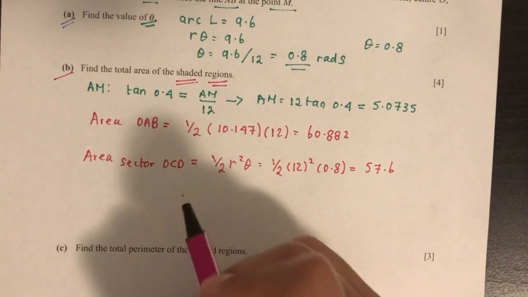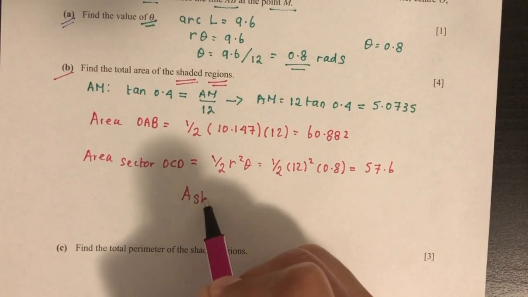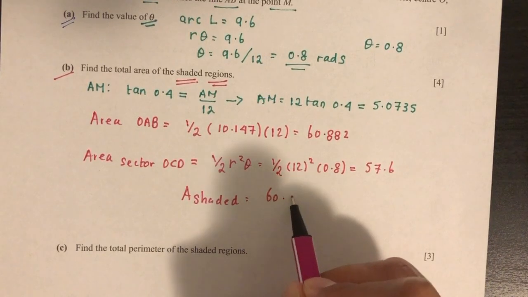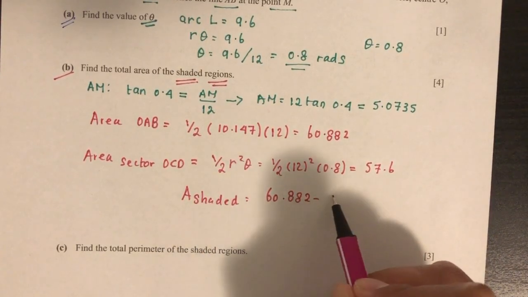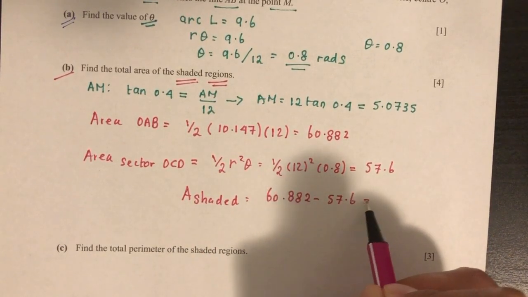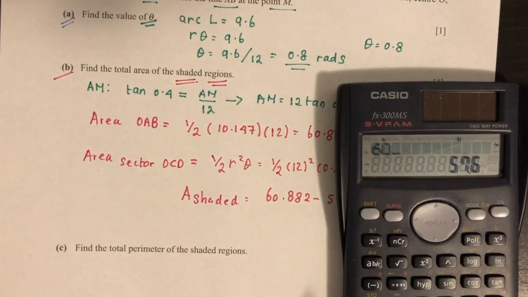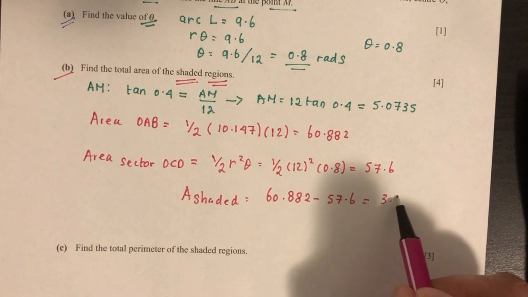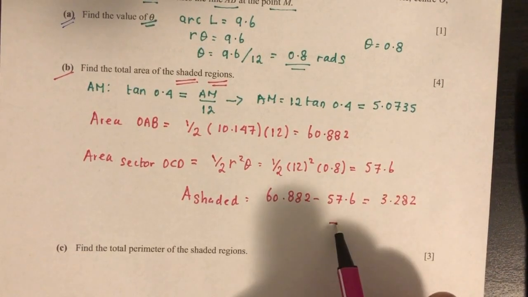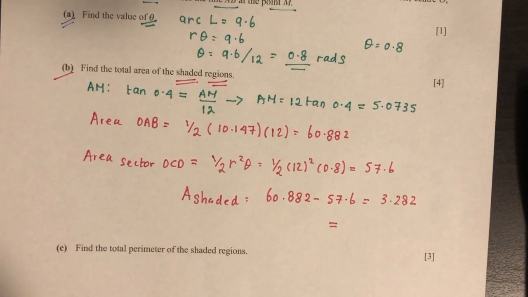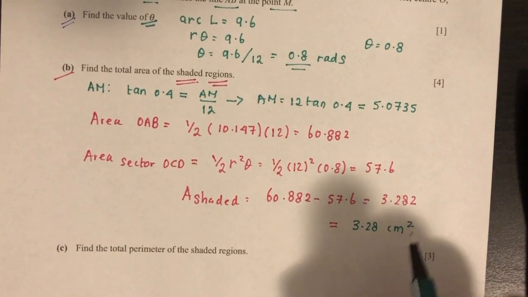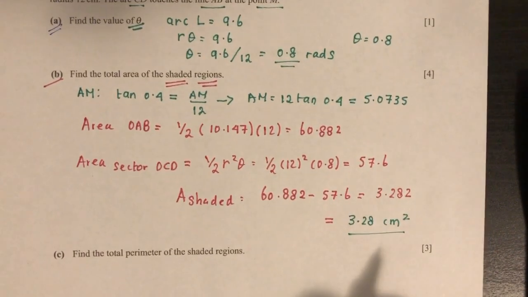Now to find the area of the shaded region, you have to do area of the big triangle minus area of this sector. So 60.882 minus 57.6, that will be 3.282. So correct to 3SF, your answer will be 3.28 centimeter square. Okay, that is part B.